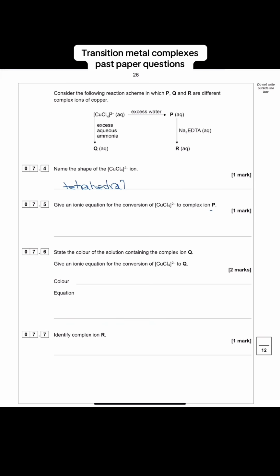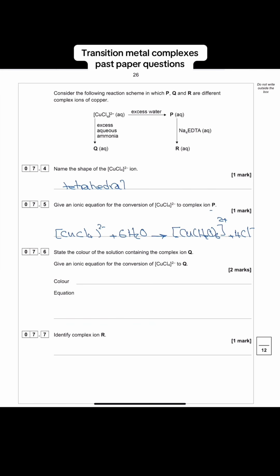So now we have the CuCl4 2 minus plus the water molecule, the excess, we need 6 of the water molecules. That will give us the copper with 6 water, and now the copper will have a 2 plus charge plus the 4 chloride ions that were released.